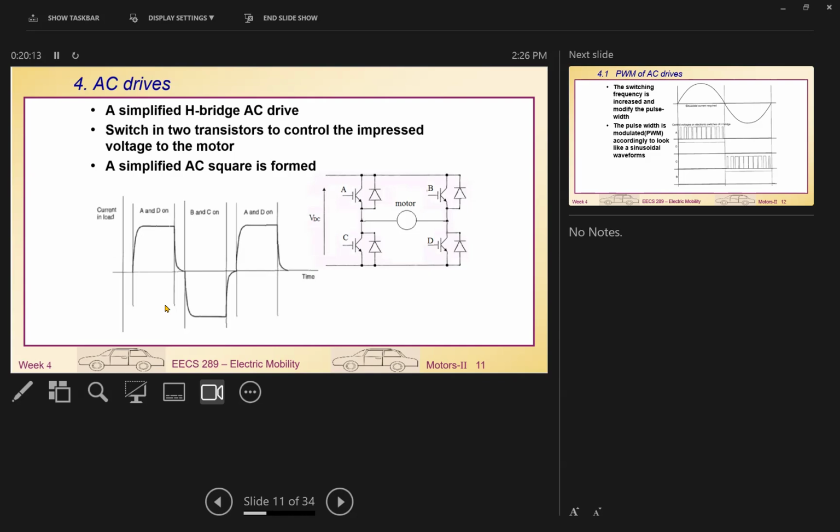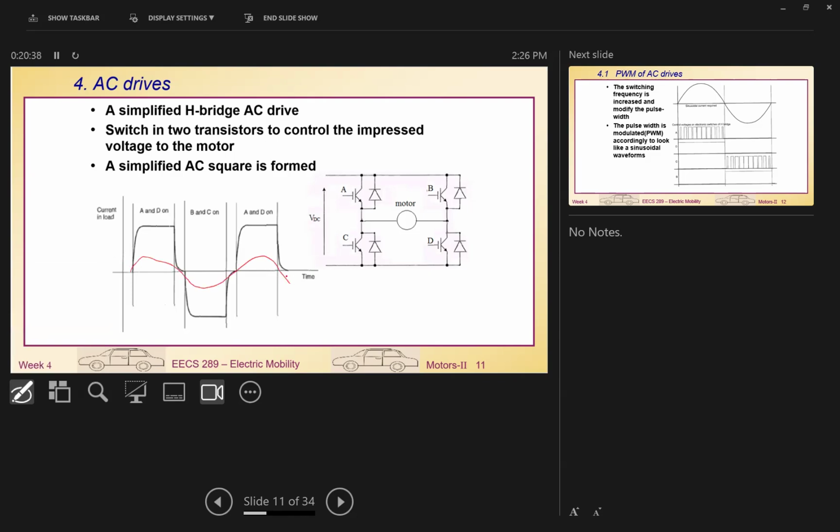It's not DC. If you look into the harmonics, you can see that the fundamental harmonic is still there, but of course it does have other low-order harmonics.